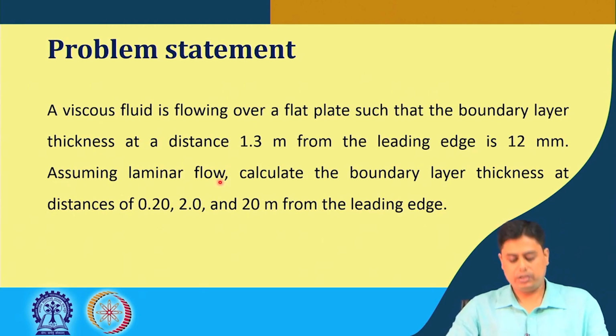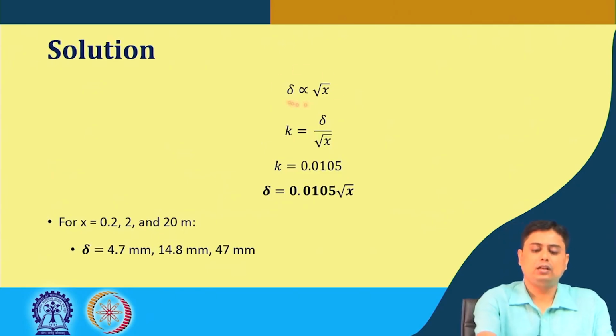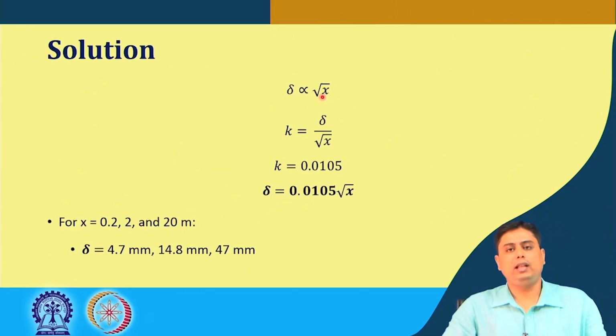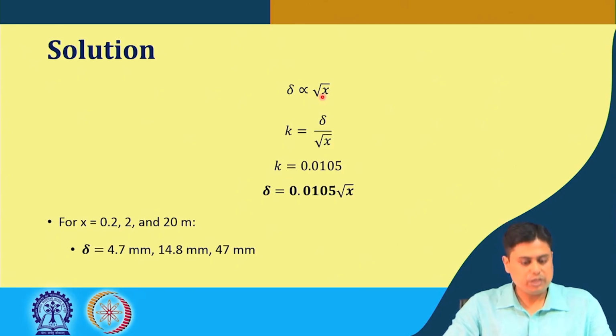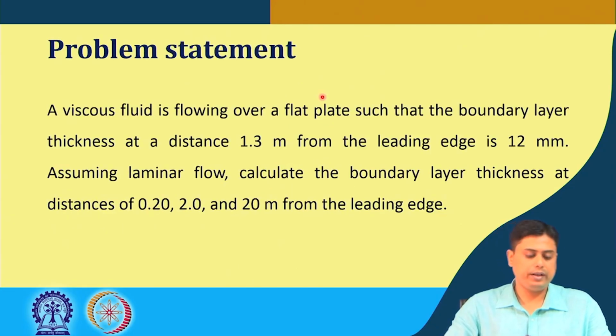For such a flow condition, delta, the boundary layer thickness, varies proportionately with the square root of x, where x is the distance from the leading edge of the flat plate. So k is a proportionality constant which should be determined first from the given value, and that value is already given.